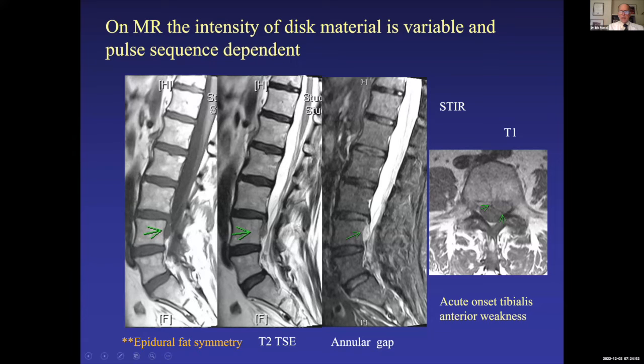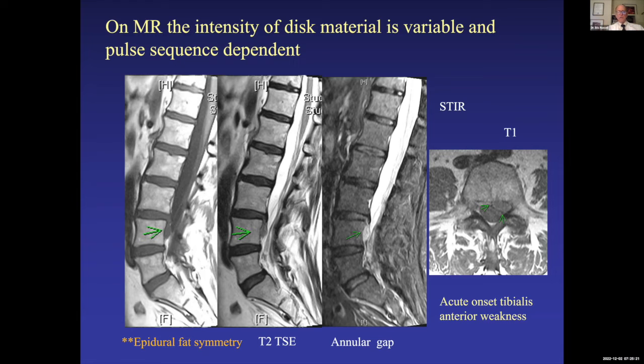Notice also on the axial T1 with the arrows that this disc is migrated into the area called the lateral recess. The lateral recess is the area medial to the pedicle. So if this is the L4 pedicle, this is the L4 lateral recess, and the L4 nerve root, which you see here, is severely compressed. This patient had a foot drop because the L4 root may be associated with motor dysfunction leading to a foot drop.